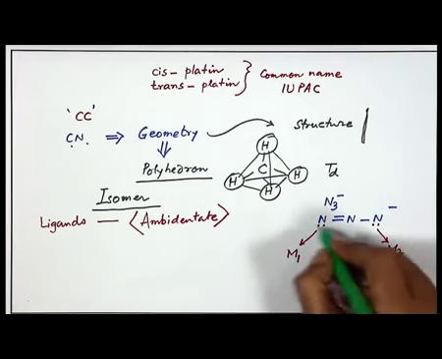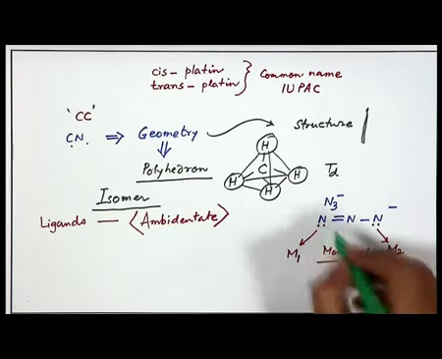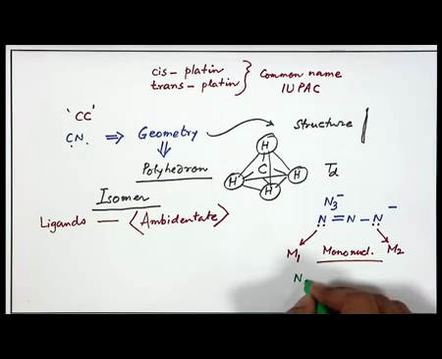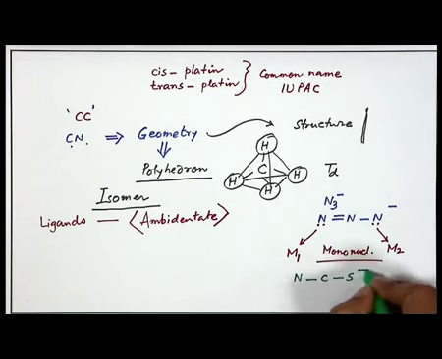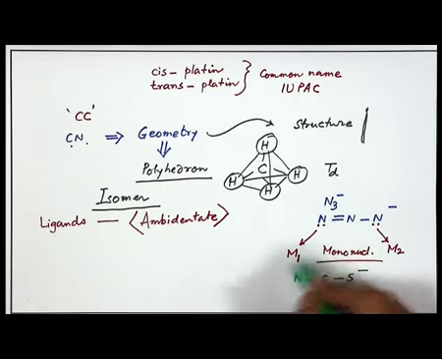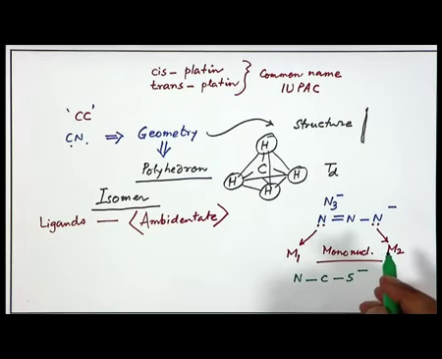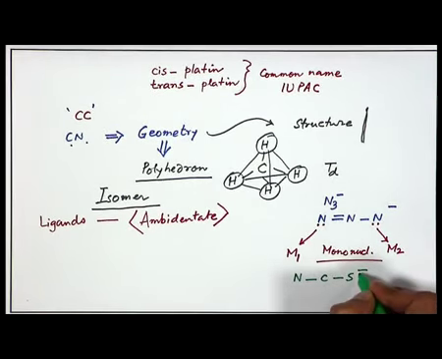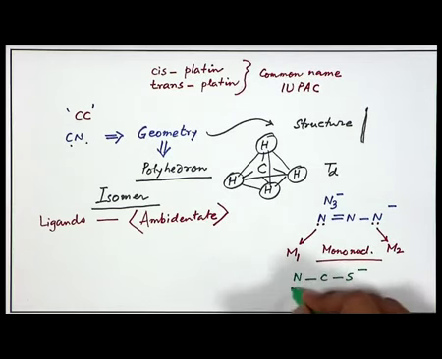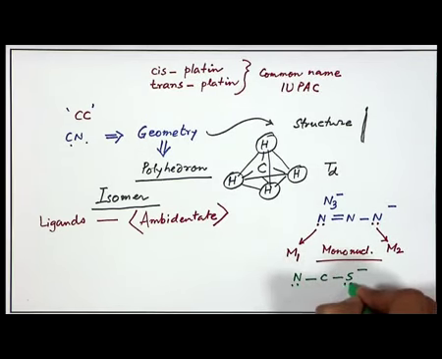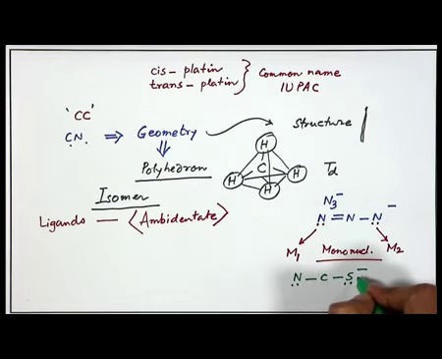But if we take the thiocyanate, NCS, with its charge, and consider that instead of two nitrogens we have carbon and sulfur groups attached, the total number of electrons is the same, but the charge can move from this sulfur to this nitrogen also, depending upon the lone pairs and the corresponding Lewis dot structure, which gives us the movement of the charge, that means the residence of the extra electron on the sulfur or on the nitrogen.